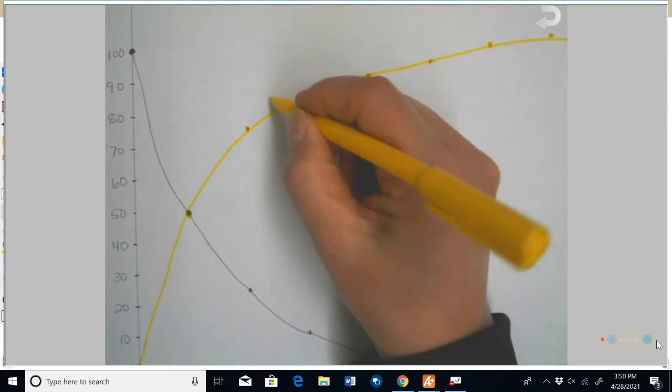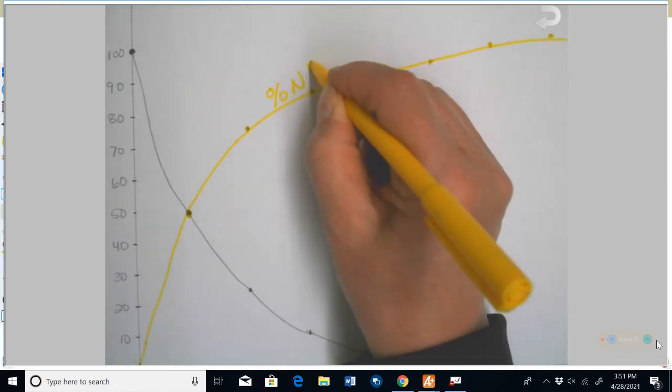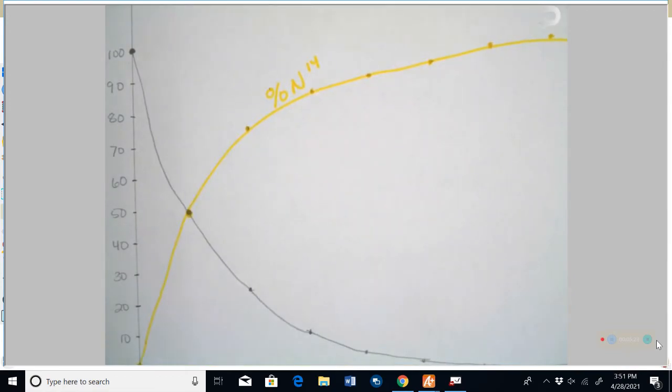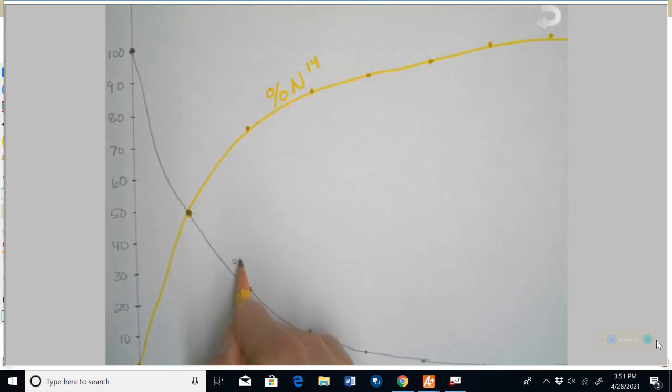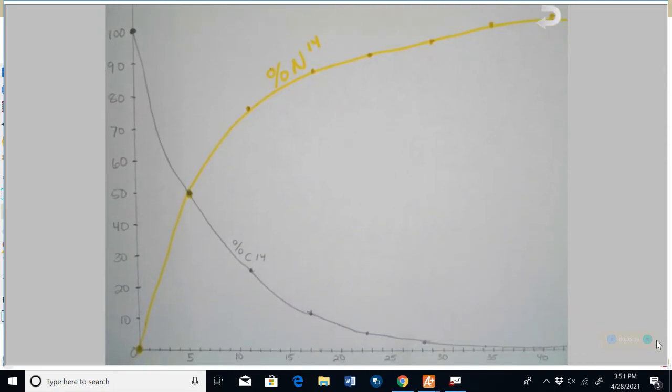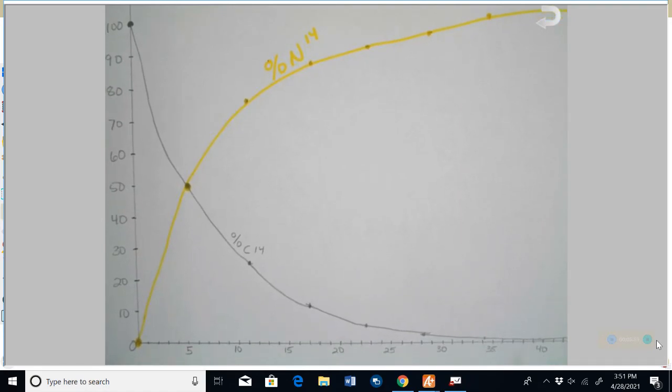So there's my percent nitrogen-14, and here's my percent carbon-14. And that graph is pretty much the same graph you get for whatever radioactive isotope you're looking at. The only thing that's going to change are the numbers on the horizontal axis, the amount of time that passes by.